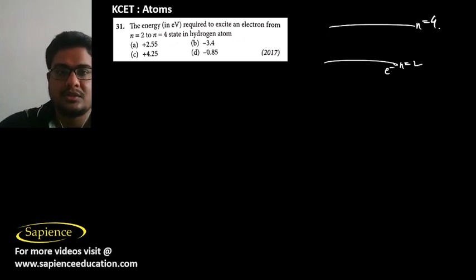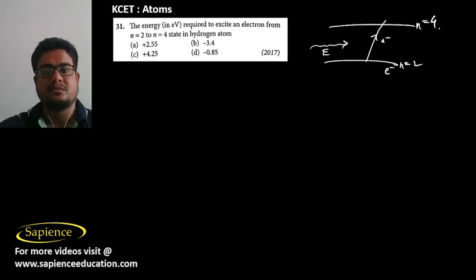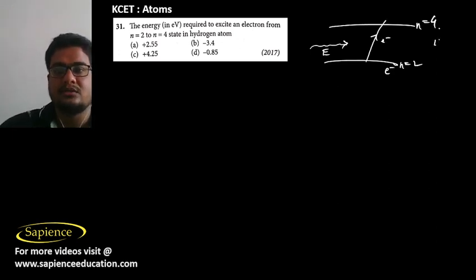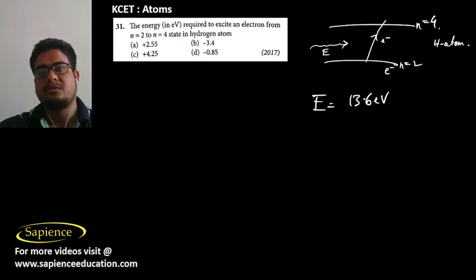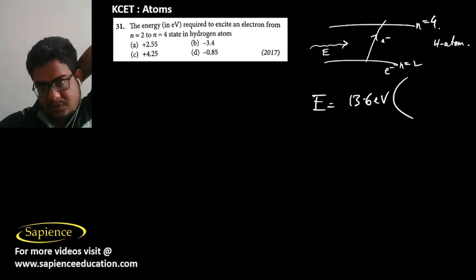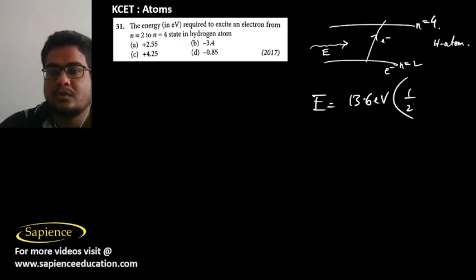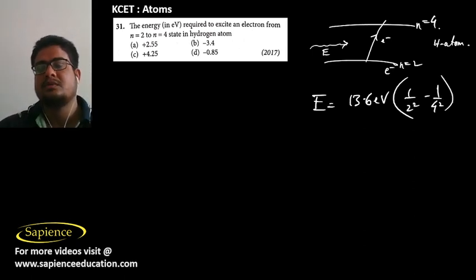So that energy equals 13.6 electron volt into 1 by 2 square minus 1 by 4 square.